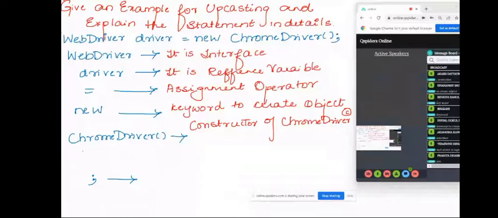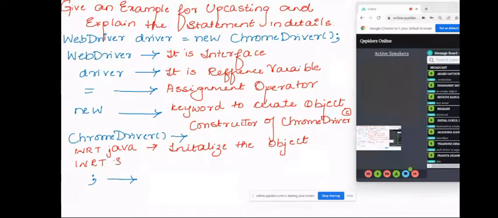With respect to Java, what is the use of it? It is used to initialize the object. Next, with respect to Selenium, it is used to open or launch the browser.